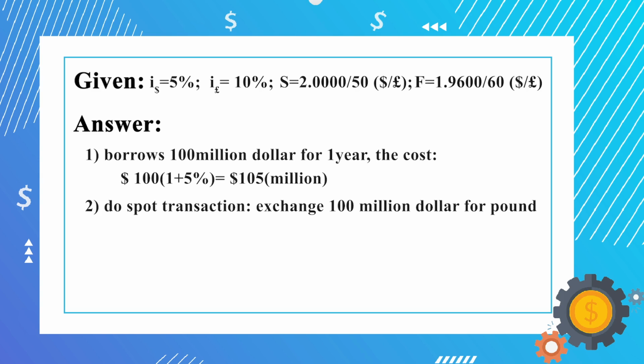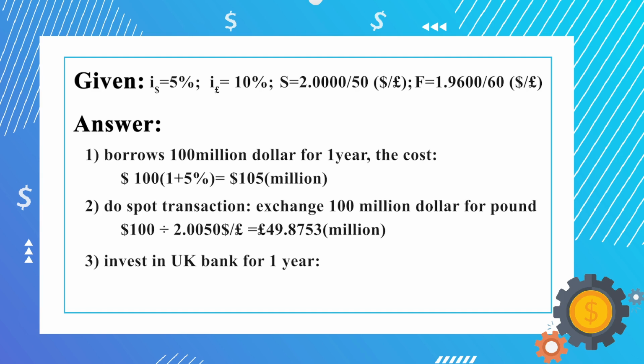Exchange $100 million into pounds: $100 divided by $2.0050 per pound equals 49.8753 million pounds.